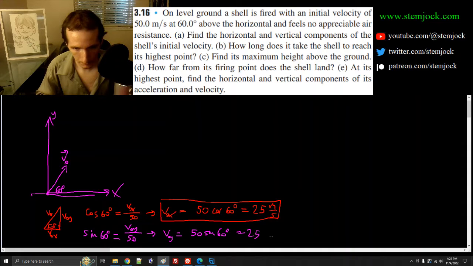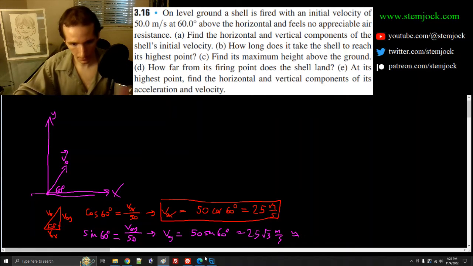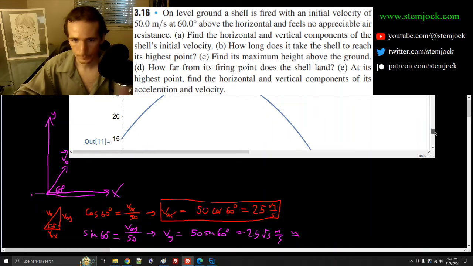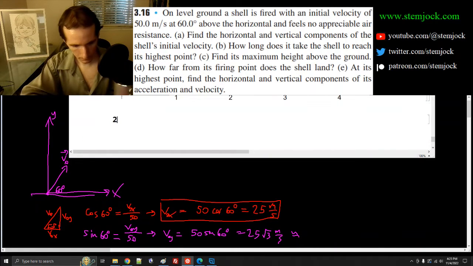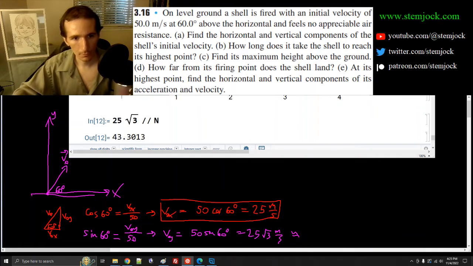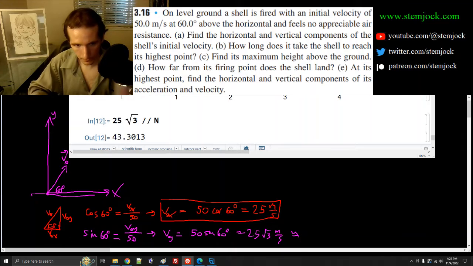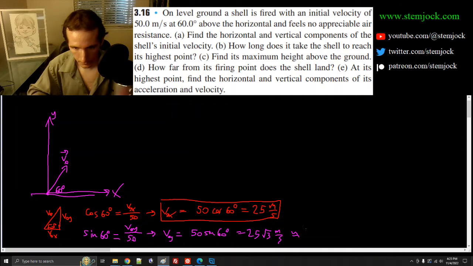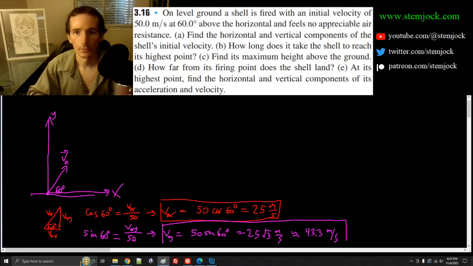So this is 25 square root 3 meters per second, which is approximately, let's get out the calculator, 25 square root 3, 43.3 meters per second. This is the vertical component of the shell's initial velocity.